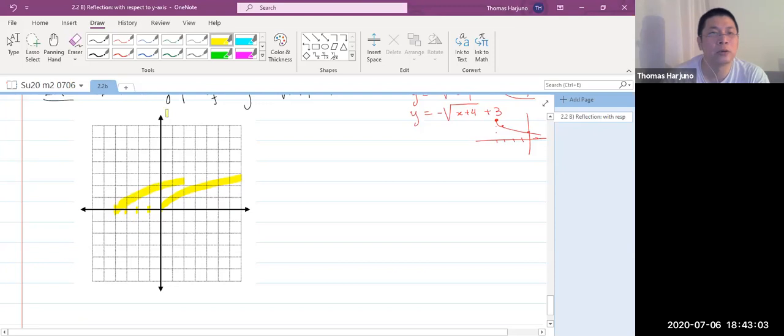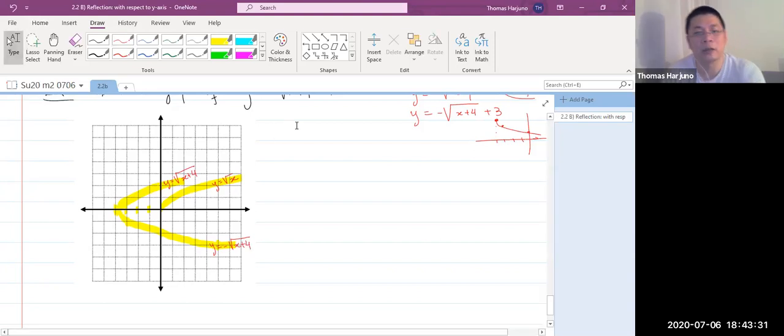So this is y equals square root of x, now y equals square root of x plus 4. Now you make it upside down. Now this is our y equals negative square root of x plus 4.